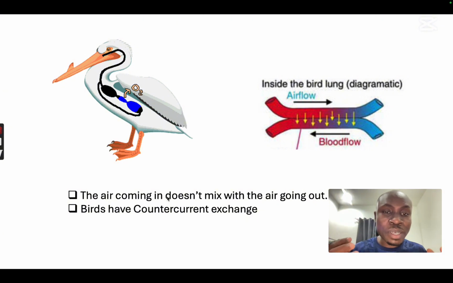And this will help the bird to get more oxygen. Okay? The air going in and going out do not mix in the lungs, so they can absorb more oxygen. And birds also, just like fish and spiders, have countercurrent exchange so that they can absorb more oxygen from the air.